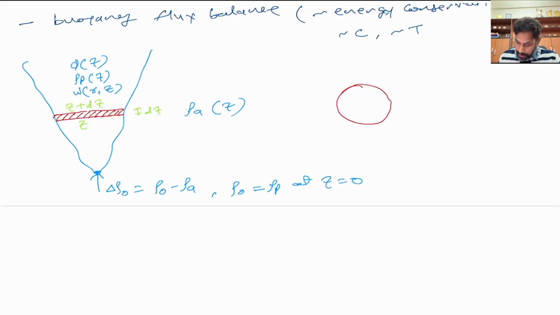Here this is w, here also we have some other value of w, and we also have the radius, which is the distance from the center line. That is the radius of the plume.